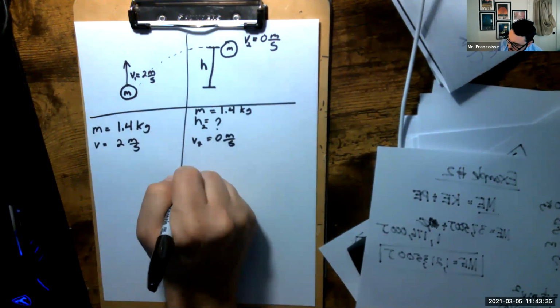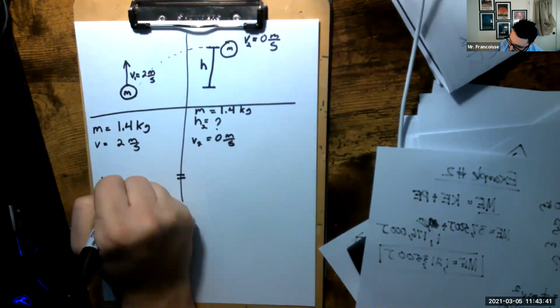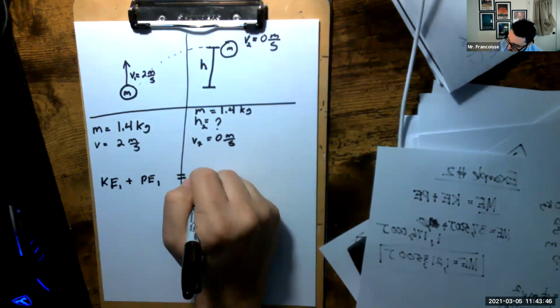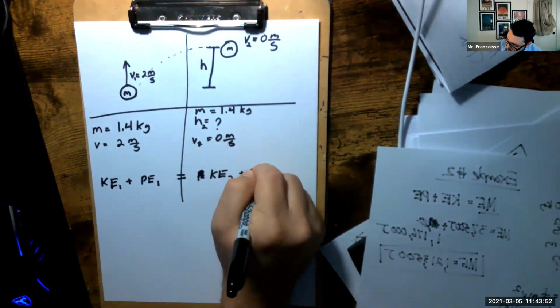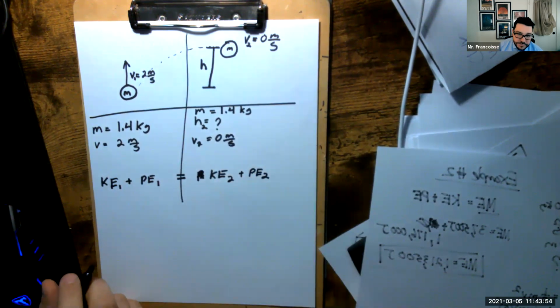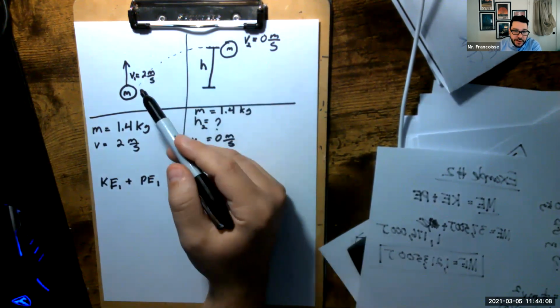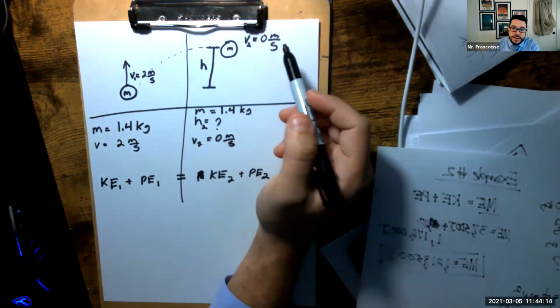So we're going to set this up. We know that the kinetic energy here plus the potential energy is going to be equal to our kinetic energy 2 plus the potential energy 2. We can plug in these values, or we can notice a couple things.